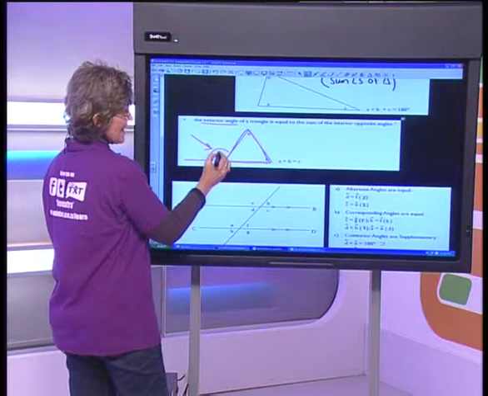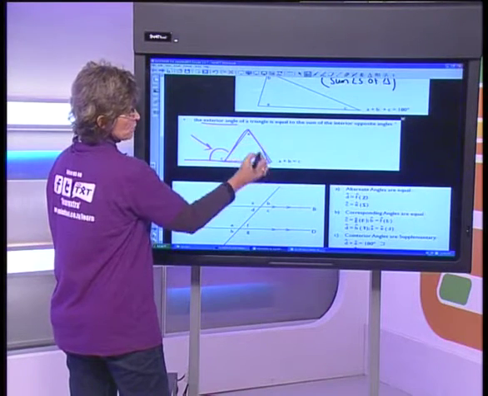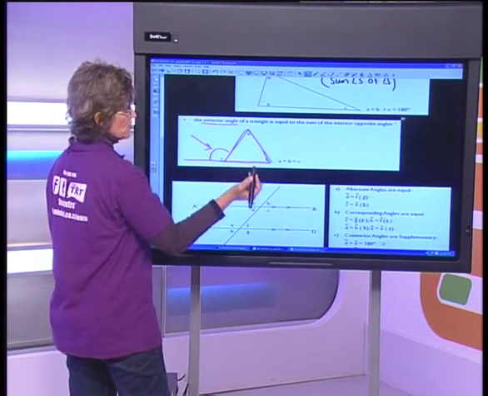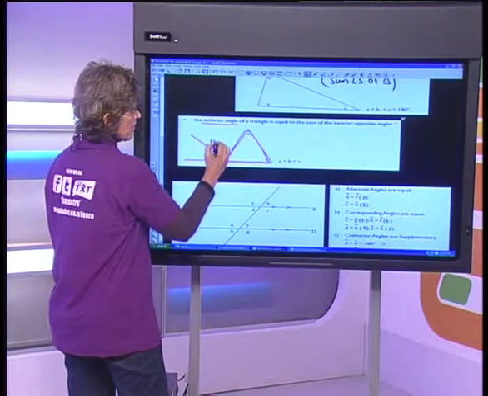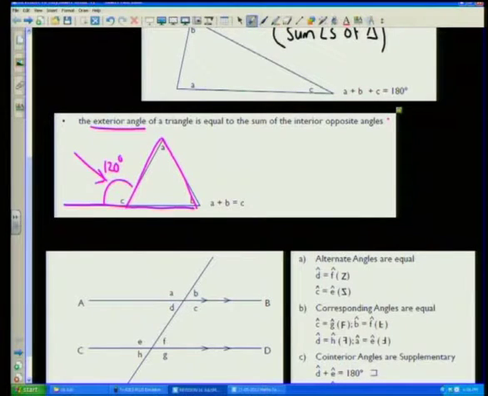We know that the exterior angle is equal to the sum of the other two. So in other words, if this angle outside here is 120 degrees, we would know that A and B came to 120 degrees. They're not necessarily equal to each other. In fact, in very few cases are they equal to each other. But somehow they would add to 120. And our reason for that is exterior angle of a triangle.